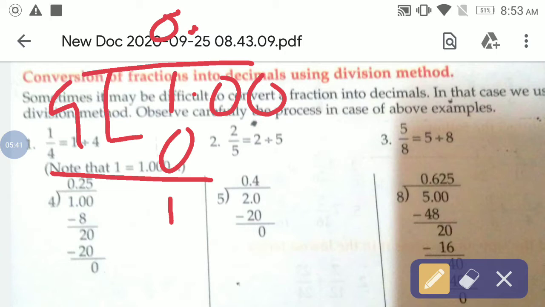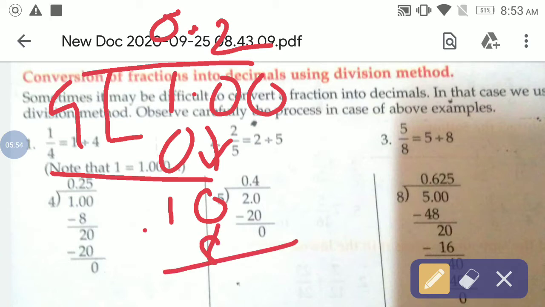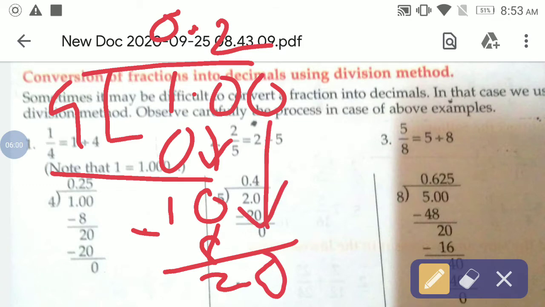So 4, now you can take at a time only 1 zero, so it will be 10. 4 2s are 8. So 10 minus 8, 2, then we can get 0. So 4 5s are 20, and then you will get 0. So your answer is 0.25.